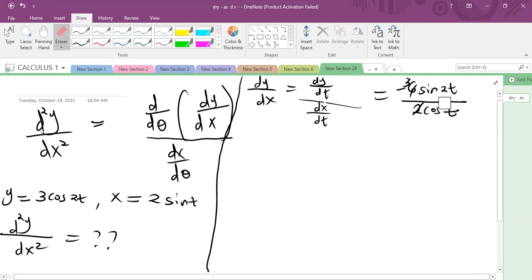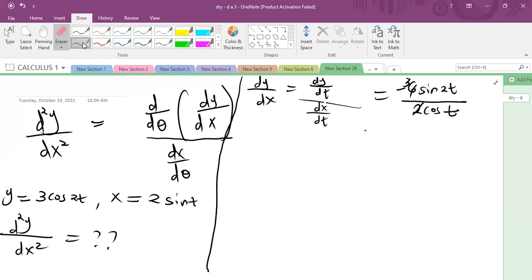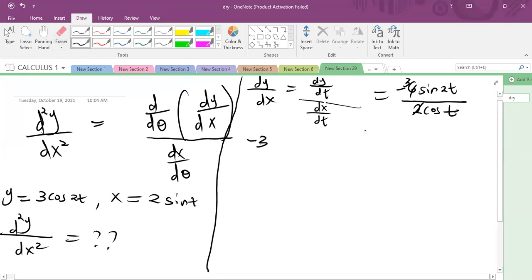This is cos t, and this other one is cos 2t. So I have minus 3 sin 2t over cos t.